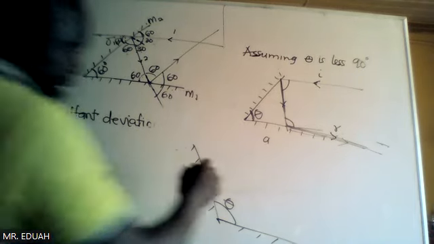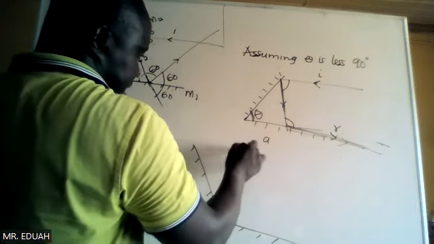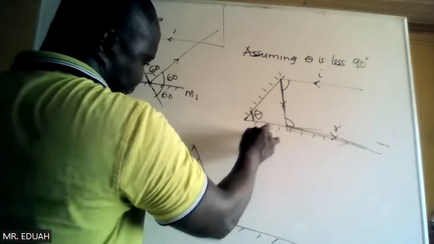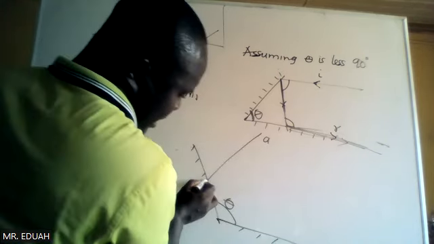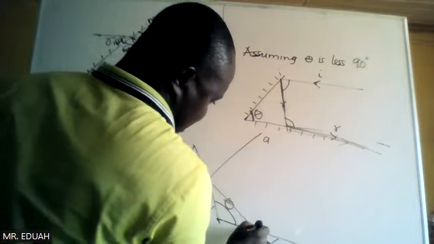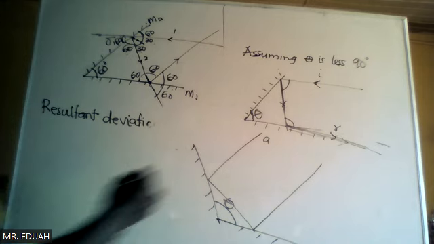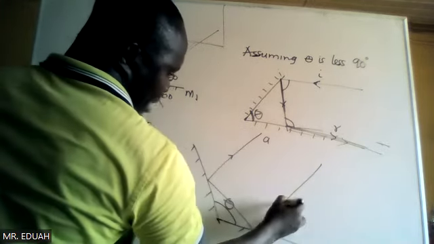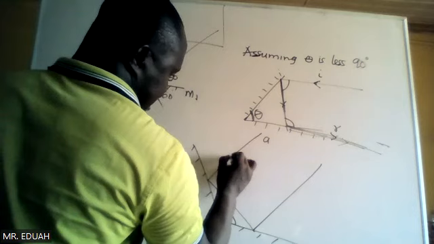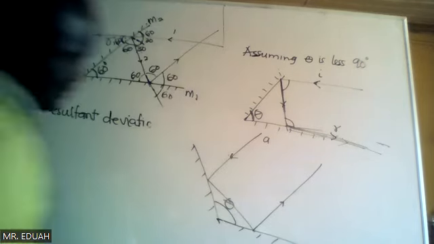Then we are looking at a ray incident, hitting this and then being parallel. Now, this is incident, this is reflected.